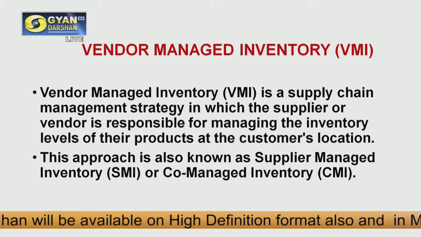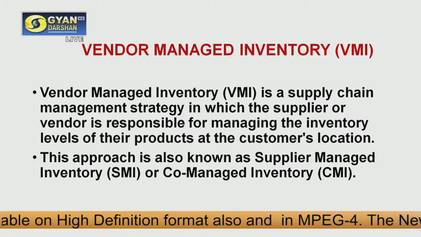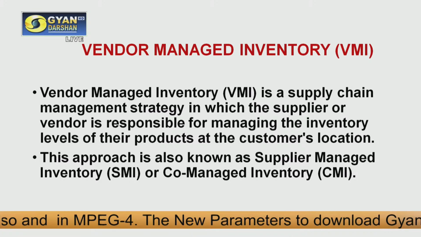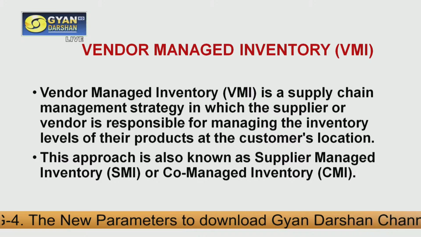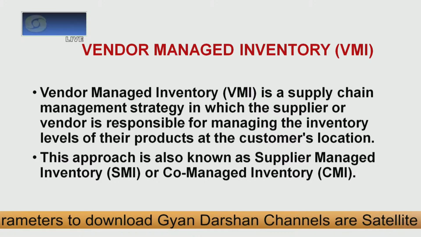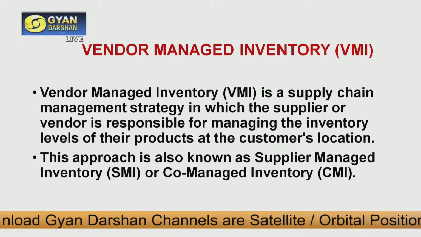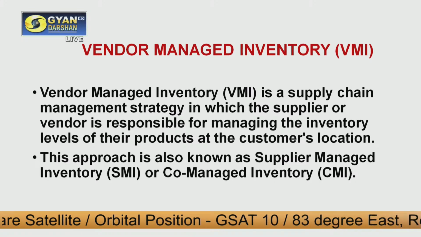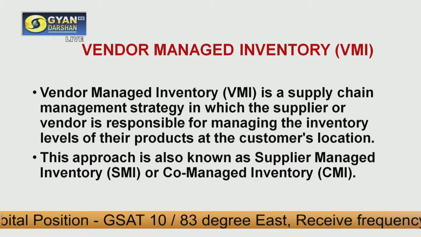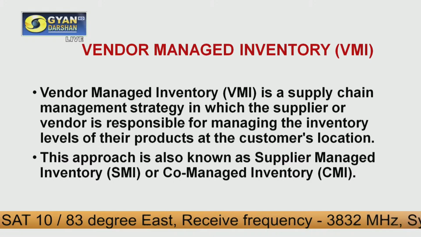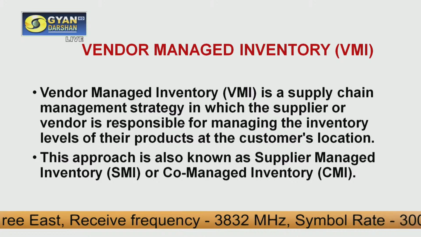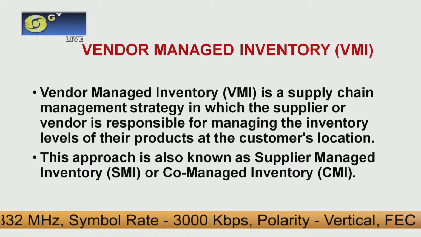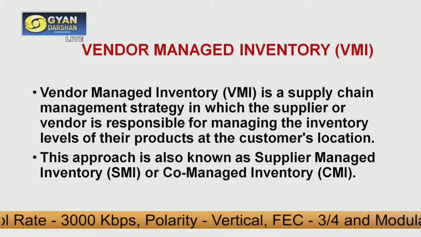Vendor managed inventory, if I define it, is a supply chain management strategy in which the supplier or vendor takes the responsibility for managing the inventory of their product at the consumer location or at the retailer location. Since it is supplier managed, sometimes we say SMI, supplier managed inventory, or sometimes we also say CMI, co-managed inventory.